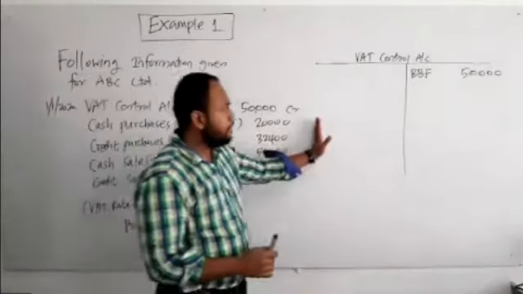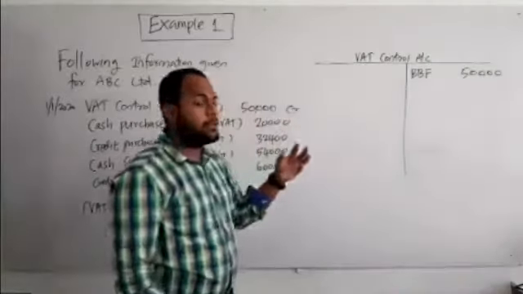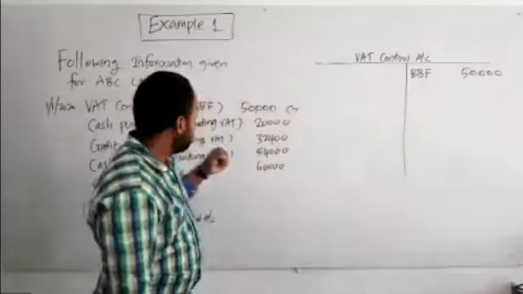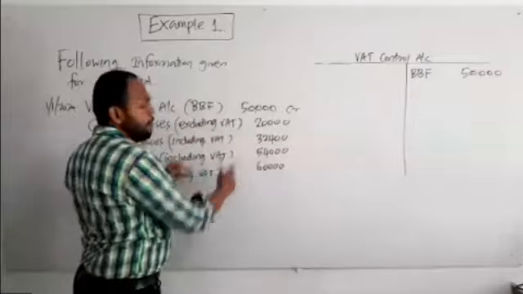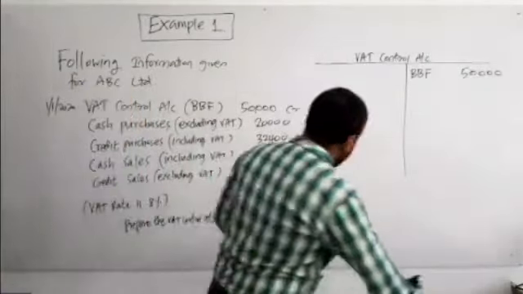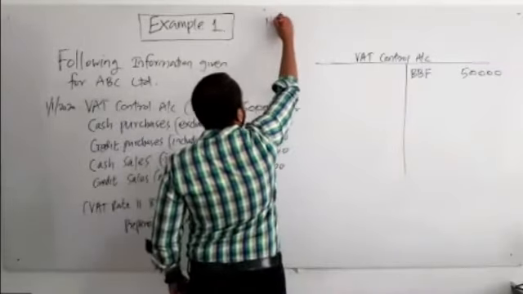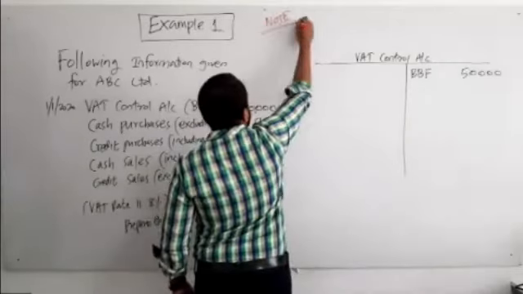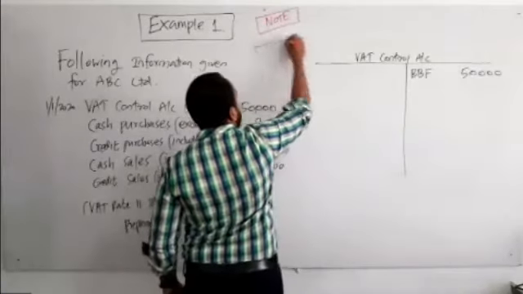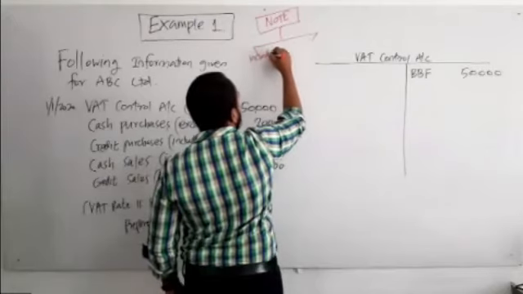Purchases VAT will be debit, sales VAT will be credit. What you need is the VAT amount. I'll give a small note so you can easily remember.